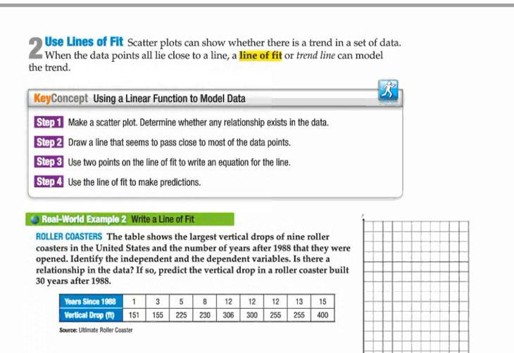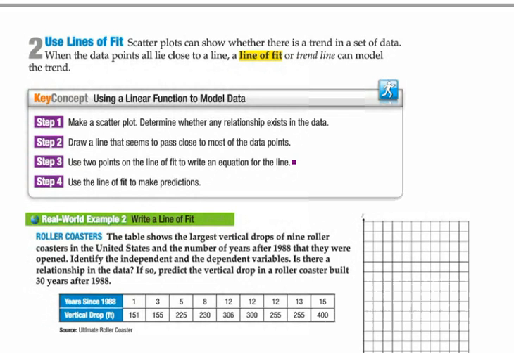Now we're going to look at that line of fit that we did on our introduction. Scatter plots can show whether there is a trend in a set of data. When the data points all lie close to a line of fit, or a trend line, the trend can be modeled. So we already went through many of these different steps. The scatter plot was there for us. We determined that it was a positive correlation. We drew that line that tried to keep everything balanced.